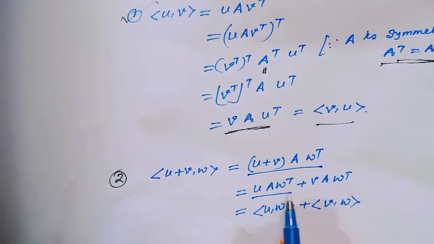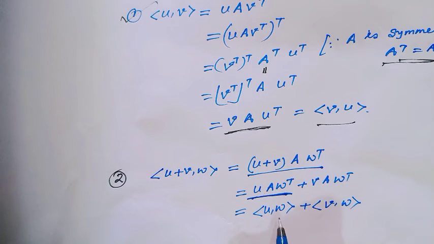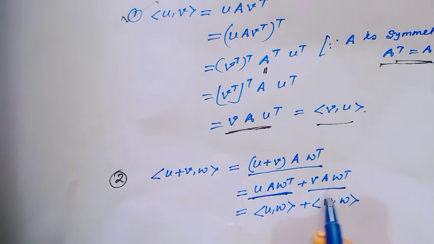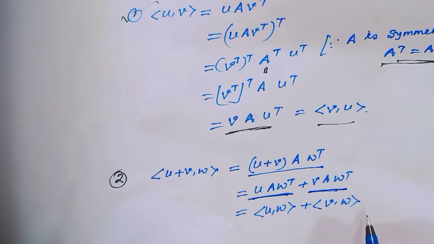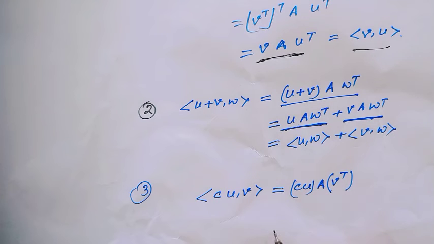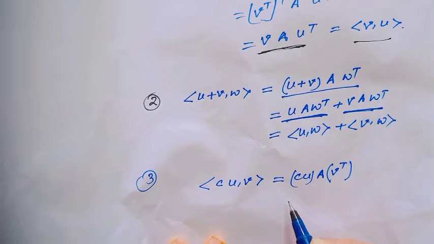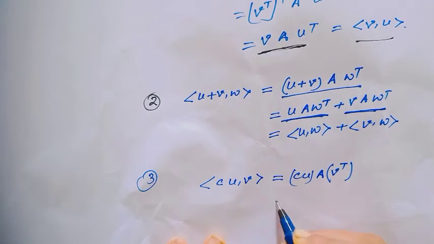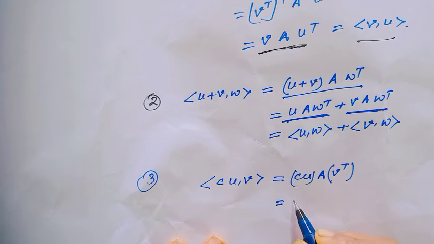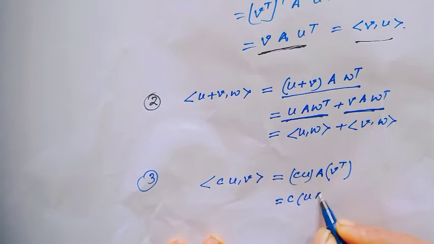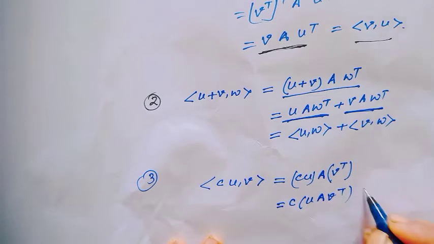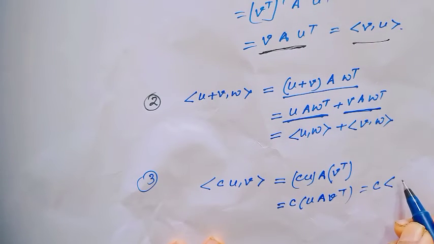And all of us know UAW transpose means inner product U with W, and VAW transpose means inner product V with W. Next condition, inner product CU with V, which is equal to CU times A times V transpose. By the property of scalar, we can write it as C times UAV transpose. That means this is equal to C times inner product UV.